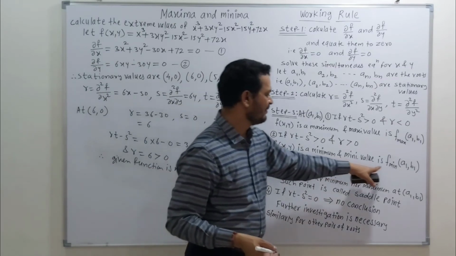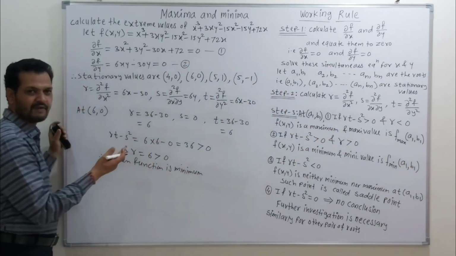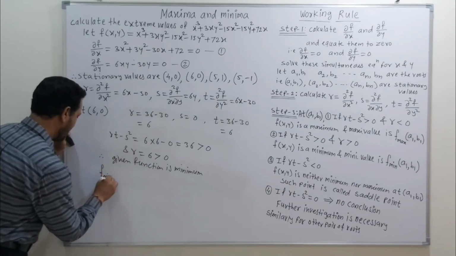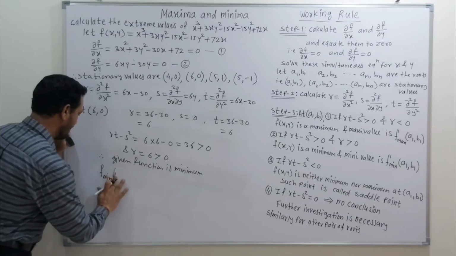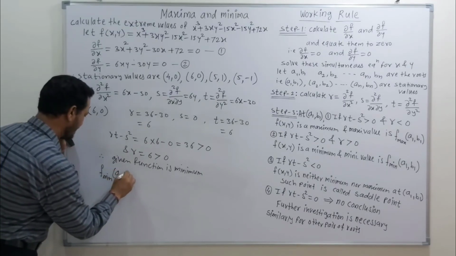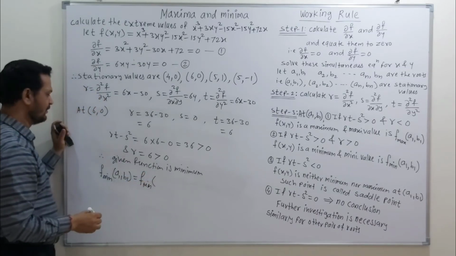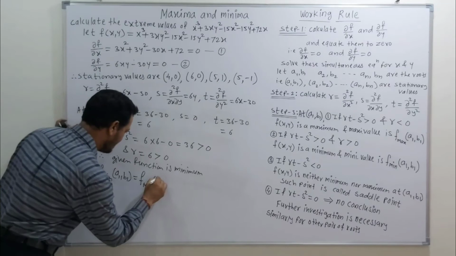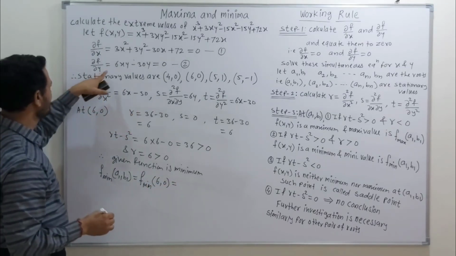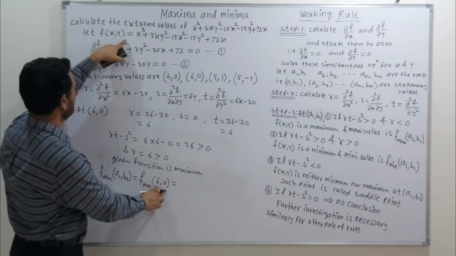To find the minimum value, in the original equation replace x and y by the stationary value. So f minimum is equal to f of a1 b1, where the values of a1 and b1 are 6 and 0. That means in the original equation replace x by 6 and y by 0.